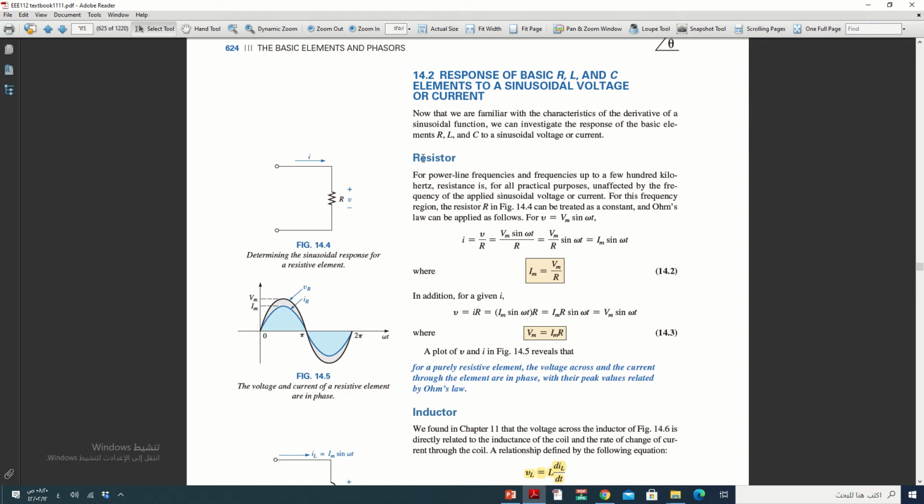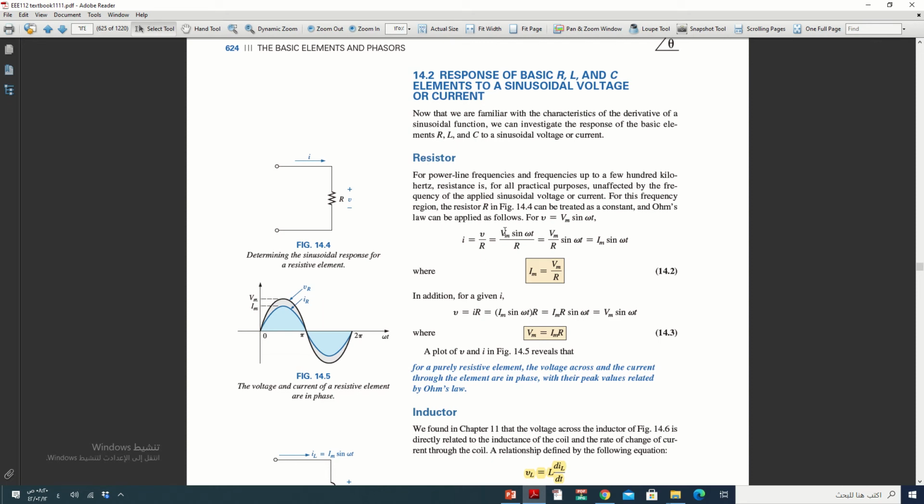We will study the resistor, then the inductor and then the capacitor. We will see the relation between the current and voltage if we apply it to a resistor, inductor or capacitor.